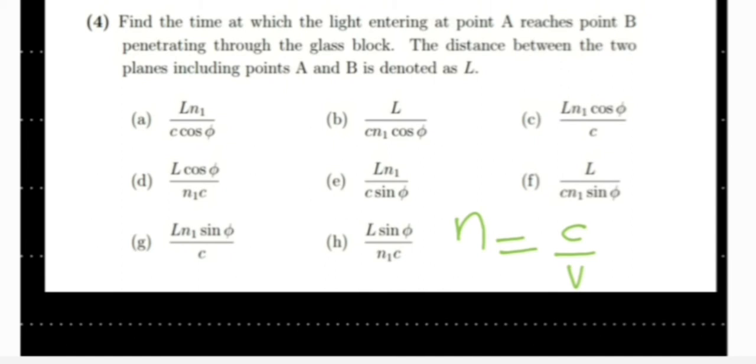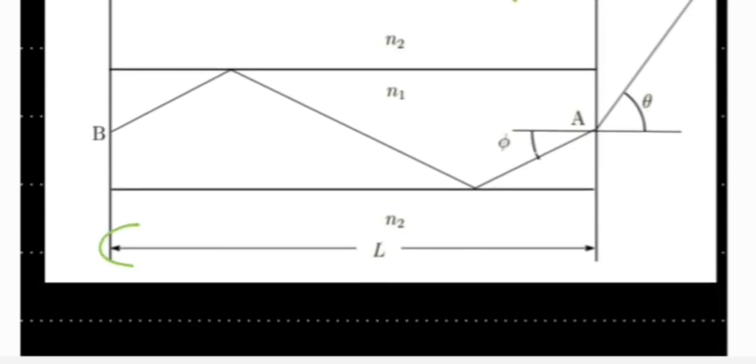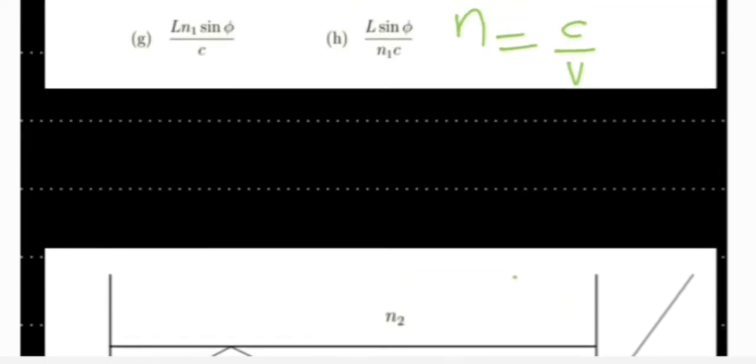So find the time at which the light entering at point A reaches point B, penetrating through the glass block. The distance between the two planes, including points A and B, is denoted as L. So we know this distance over here is denoted as L. And now what do we need to find?